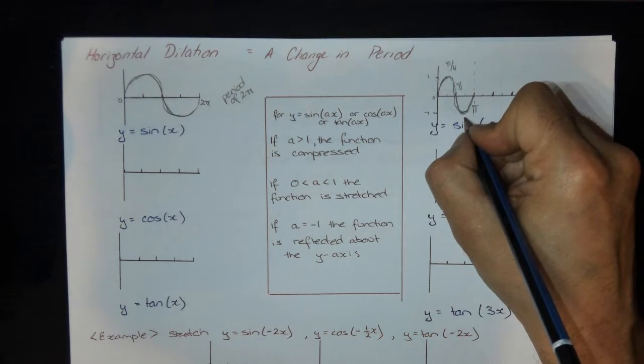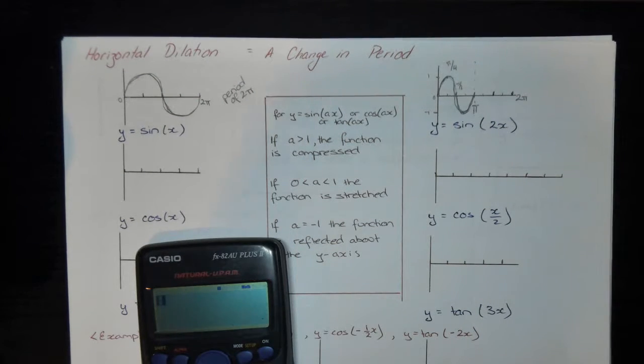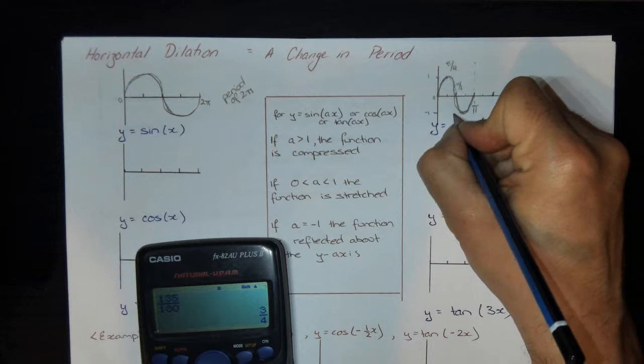And that would be 90 plus 45, so 135 over 180, so this is 3 pi on 4.